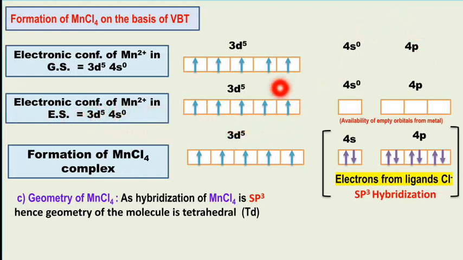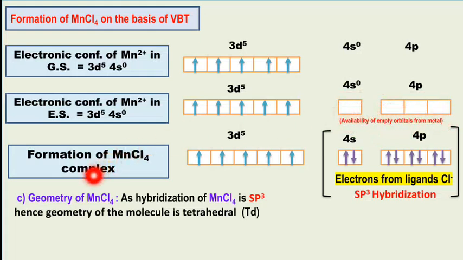Again there is no change in the 3d orbital, so the 5 electrons will remain as they are, and you can consider the availability of 4 empty orbitals from manganese, that is 4s and 4p. These are the 4 orbitals made available by the manganese.